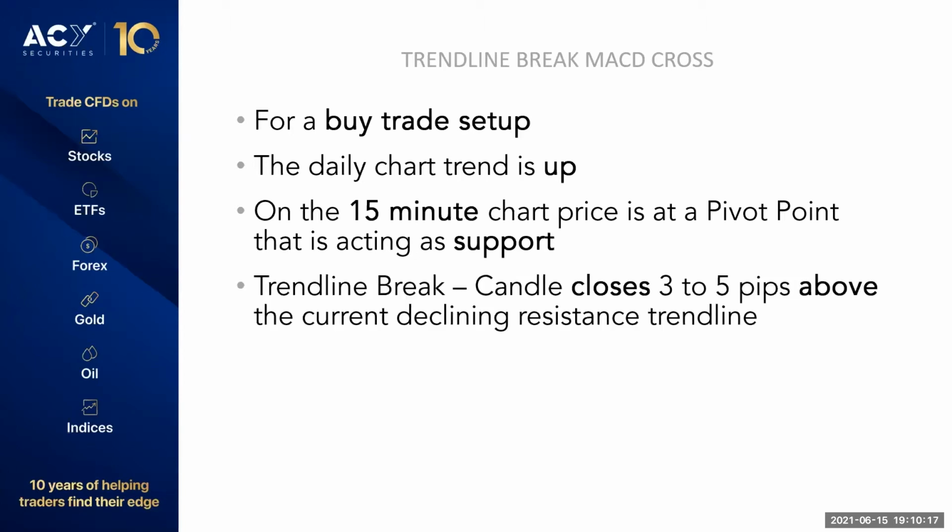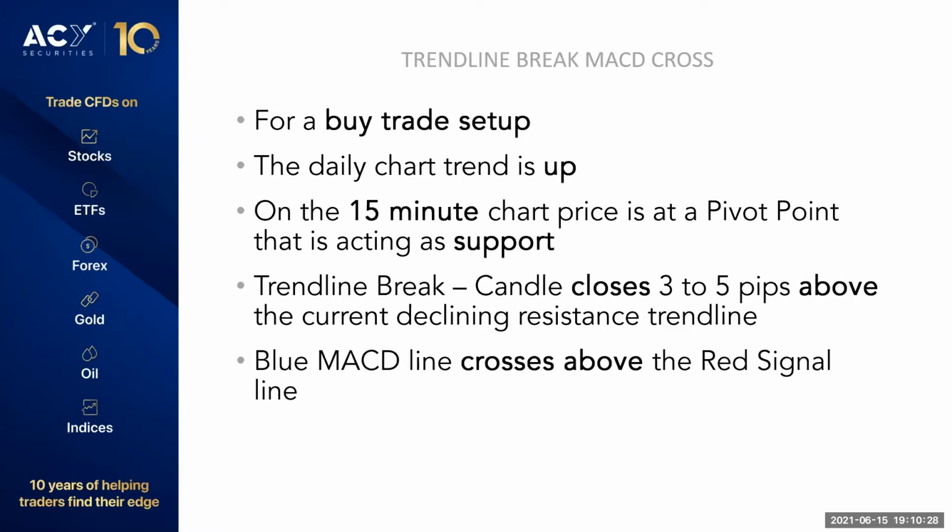And we get a trendline break: a candle closes 3 to 5 pips above the current declining resistance trend line. And incorporating MACD, the blue MACD line crosses above the red signal line. Okay. So I'm looking for all that criteria for a buy trade setup. So you can incorporate that into a trading plan.